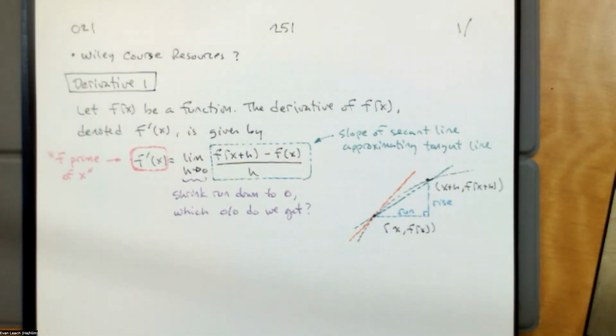This is going to lead to a 0 over 0, which is indeterminate. We're trying to figure out which 0 over 0 are we going to get.